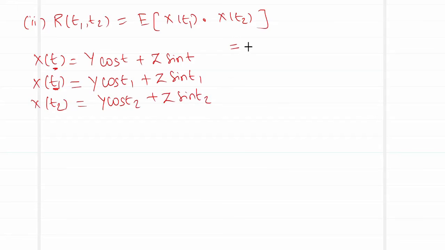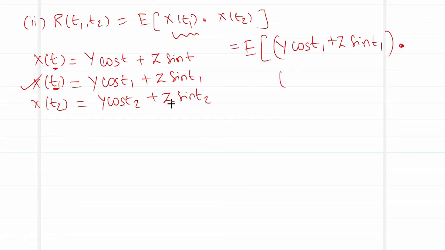So now this will be equated as X of t1, y cos t1 plus z sin t1. So this is my first member. Product with X of t2. What is my X of t2? y cos t2 plus z sin t2.